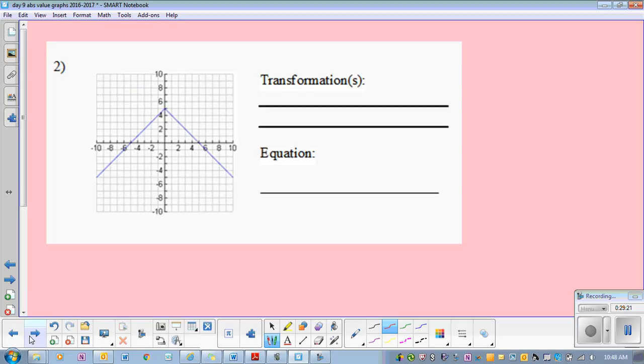Ooh, what happened here? Yeah. It reflected and it moved up 5. Look at this. It flipped. Because remember, your parent function was a V, right? But this guy is a caret. So, oh my goodness, it reflected, or it flipped.